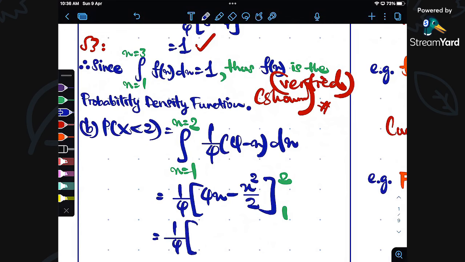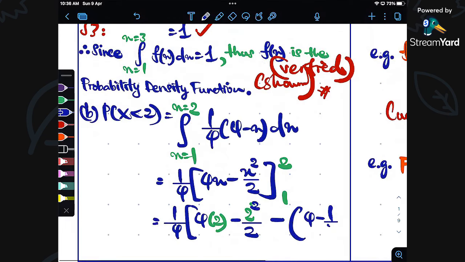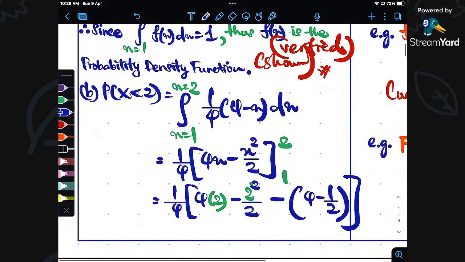You must show your working. 4 times 2, show the working, and then 2 squared over 2, and then minus with what? 4 minus half. Okay, 4 minus half. Don't forget to put a proper bracket there, and you will get your answer, which is 5 out of 8. That is the total probability for this function. That's it. Good luck.